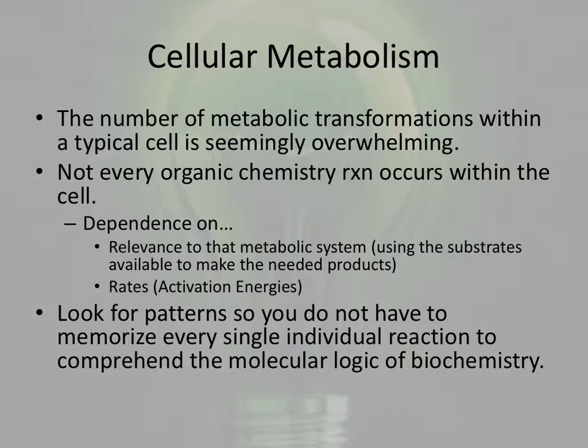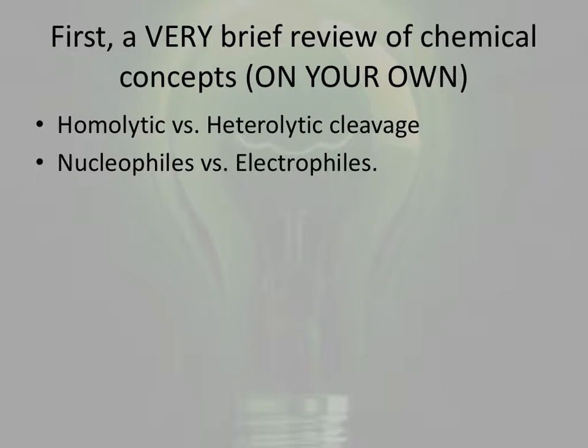On your own, because this is stuff from Gen Chem or early organic chemistry, I want you to review what homolytic versus heterolytic cleavage means. Homolytic means that the bond between the two breaks and one electron goes to each of the parent atoms, versus heterolytic, where one parent atom takes both electrons, so you get something that's negatively charged and something that's positively charged. Also review what a nucleophile is versus an electrophile. What must all nucleophiles have?